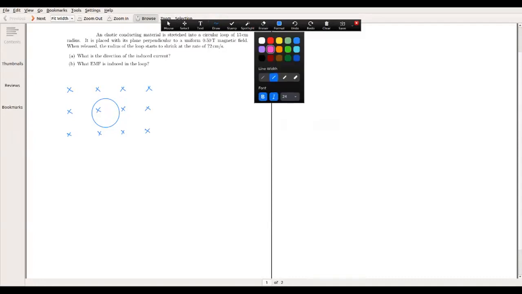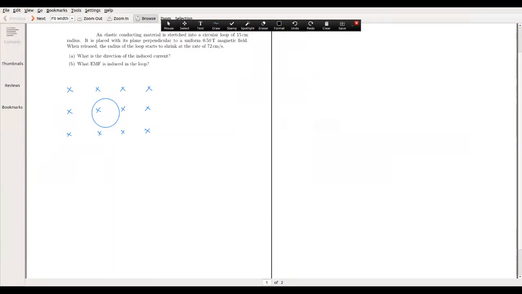It is given that this circular loop is collapsing. That means to say the radius is decreasing in time. And let's say that's the radius r at an instant that we are discussing.